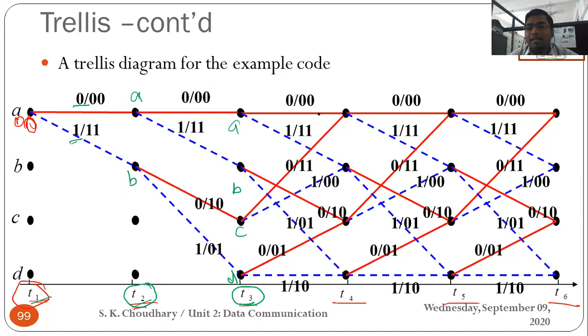If you look at the pattern for the successive time intervals T4, T5, T6, it is similar. A always generates a branch that ends at either A or B. B always generates 2 branches that end at either C or D. C generates branches that end at either A or B. D generates branches that end at either C or D. So this is a fixed pattern.